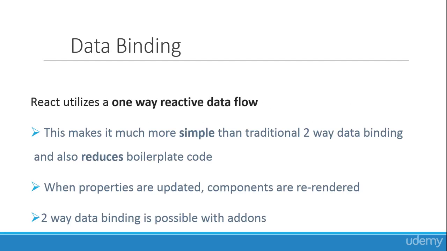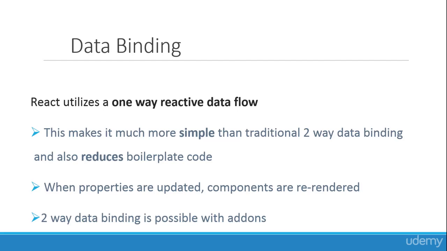Alright, so one of the great things about React is that we can do data binding. By default, React utilizes a one-way reactive data flow. And this makes it much more simple than traditional two-way data binding and also reduces boilerplate code. So when properties are updated, components are re-rendered.